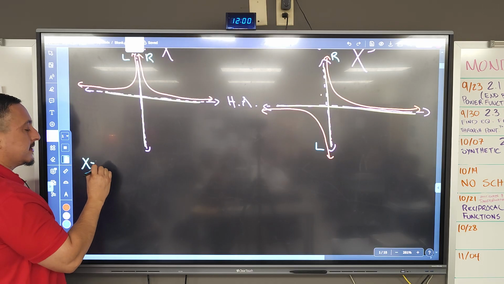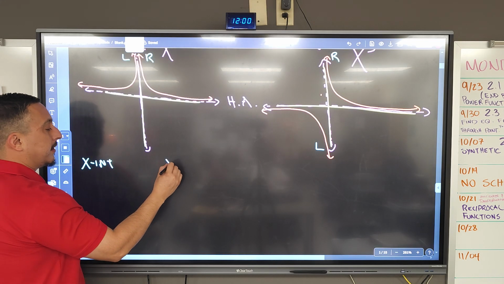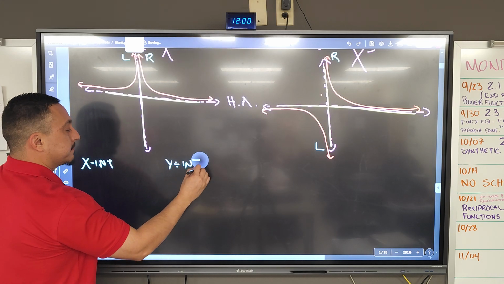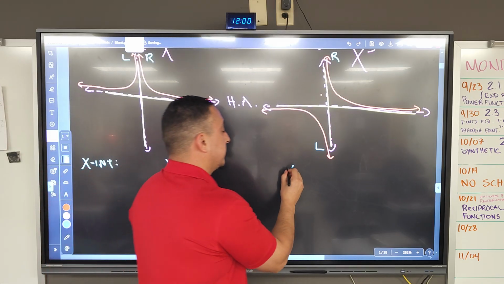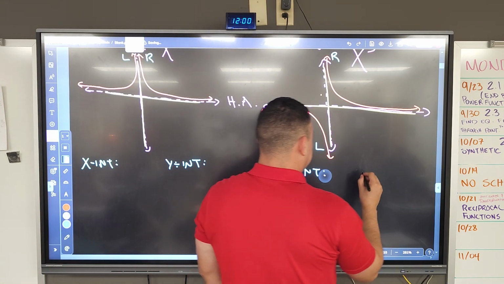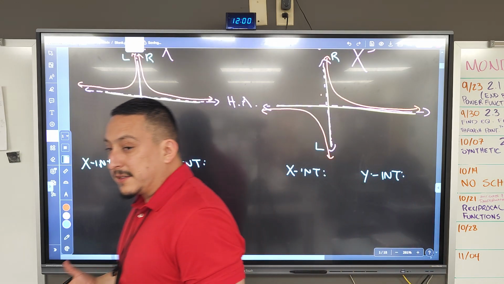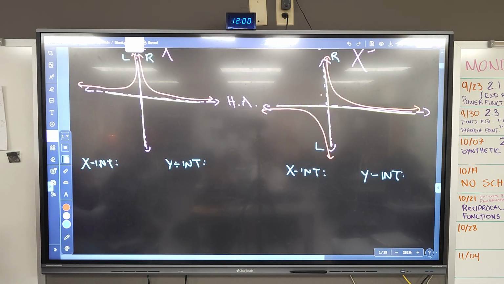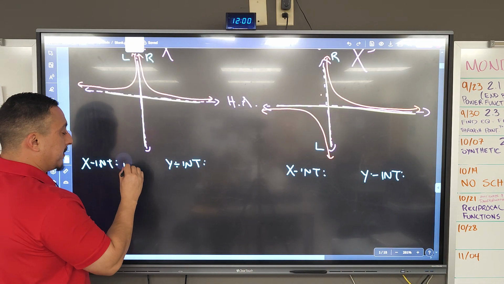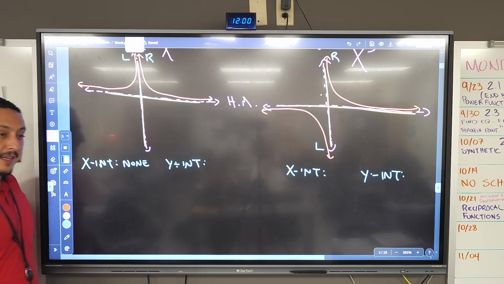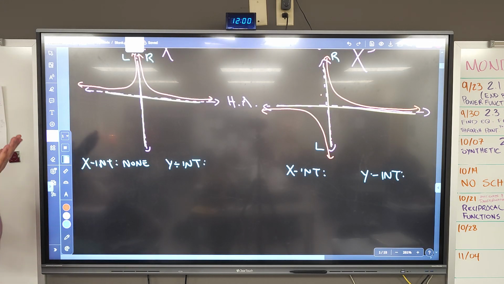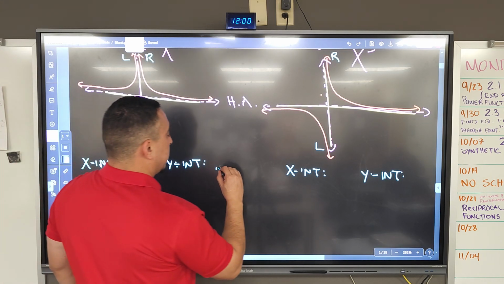What would be the x-intercept and y-intercept? None. Why none? Because there's the walls right there, right? It never touches. There's the asymptote. So just by definition, if it can't touch the x-axis or the y-axis, then none.